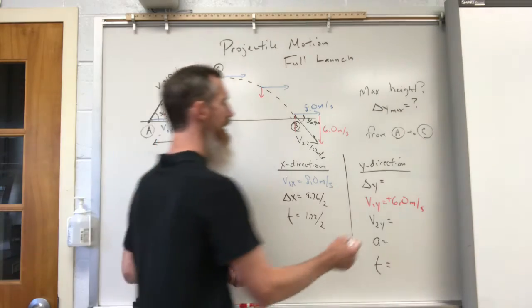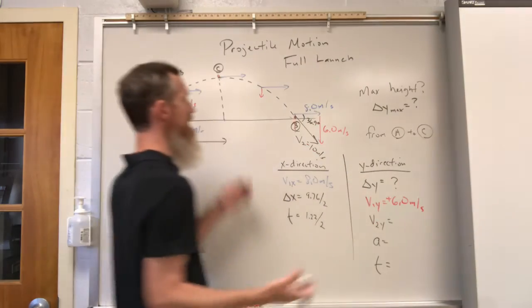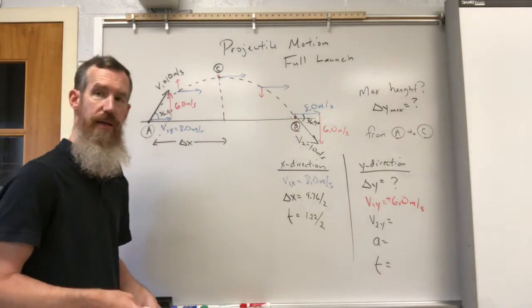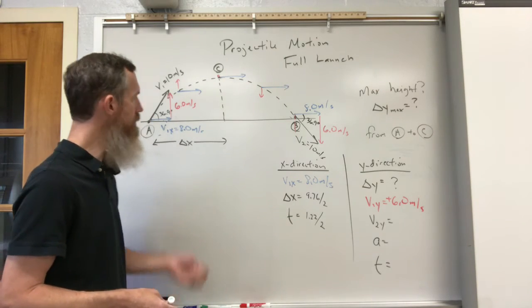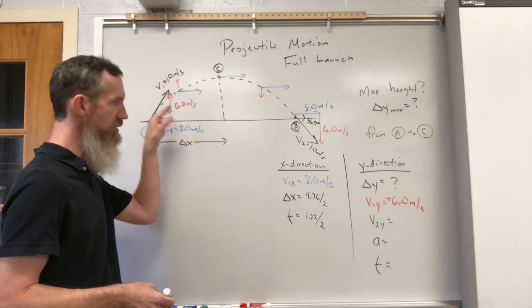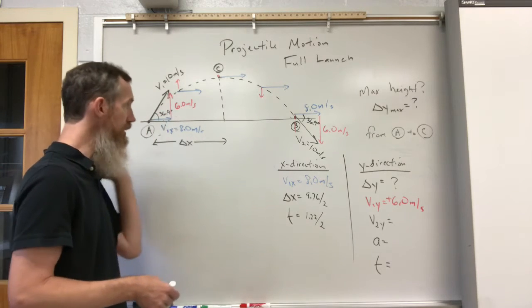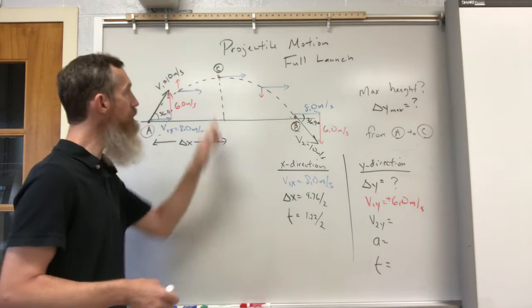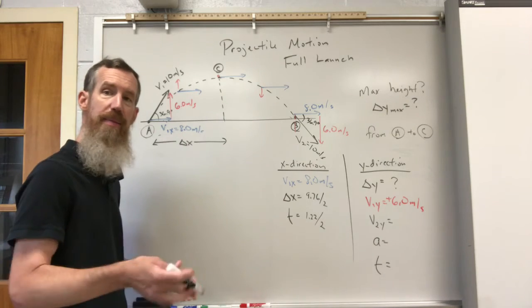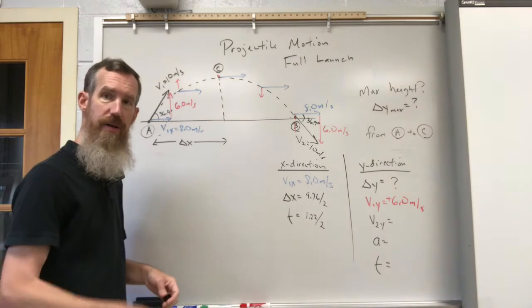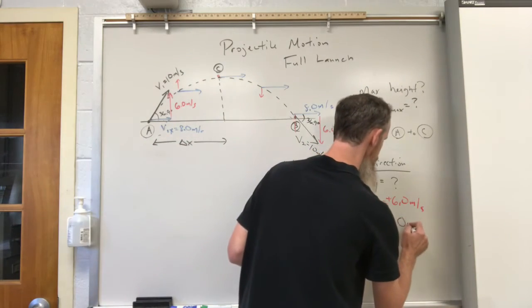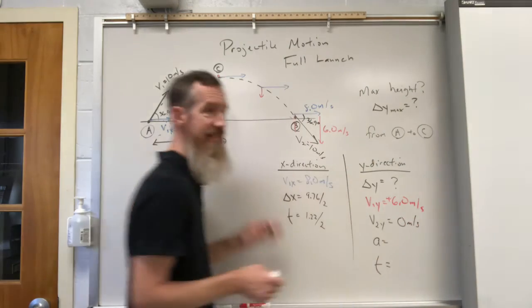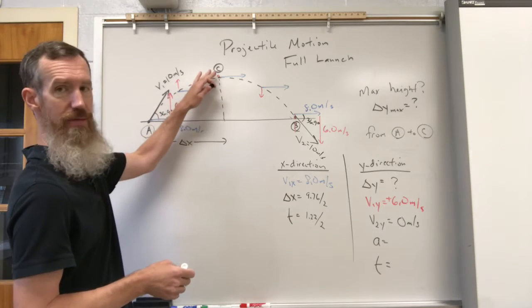The delta y is what we're looking for here. We're looking for a maximum height, and I don't know what that is. I do know the initial speed in the y direction was 6 meters a second. I know that was shot upward. And I also know that at maximum height, because remember, this is as if it were just thrown straight upward, the instantaneous velocity for a moment is 0, because that's when we stop moving up and we start moving down.